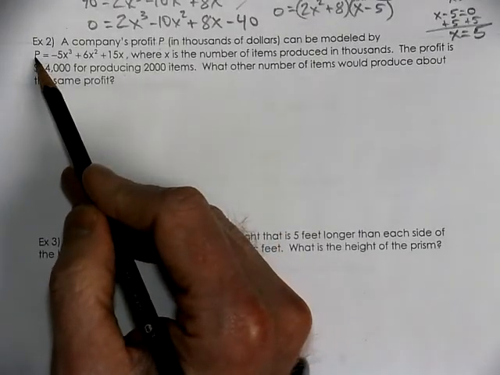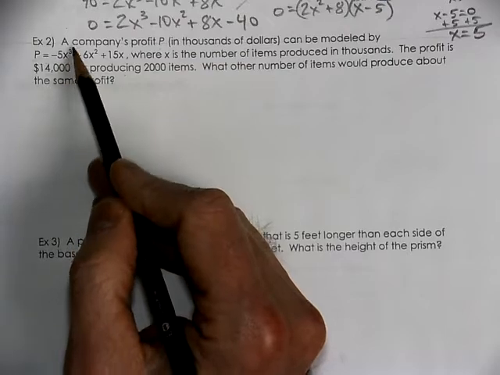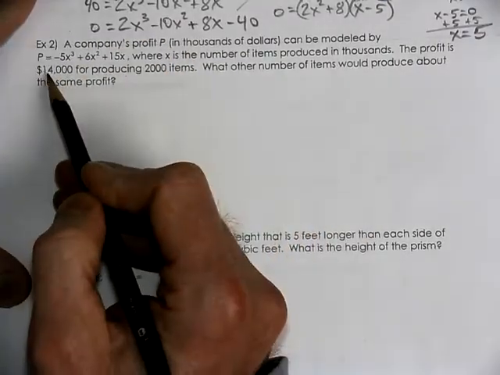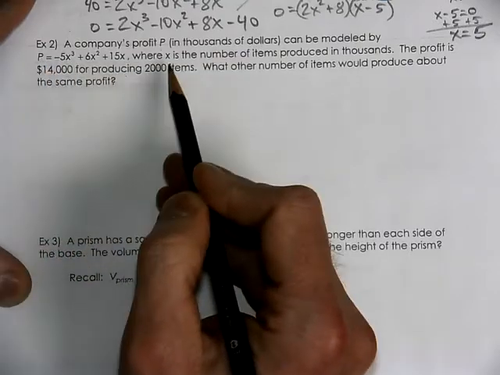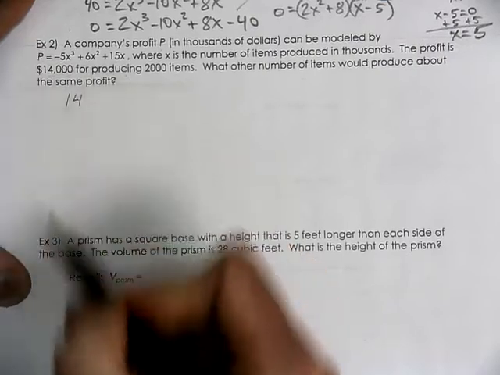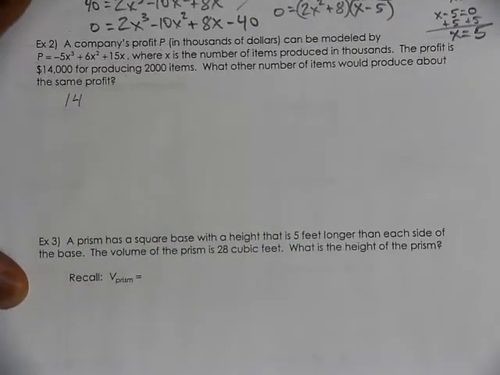So we have our profit, and that equals negative 5x cubed plus 6x squared plus 15x. Our profit is supposed to be in thousands, so that's why we're going to use the number 14, and we don't use 14,000.